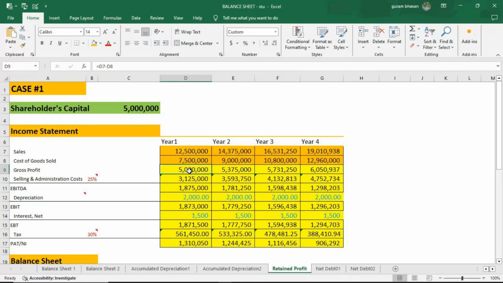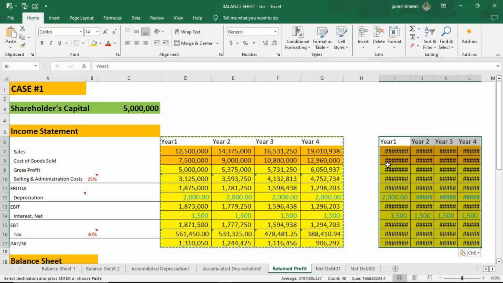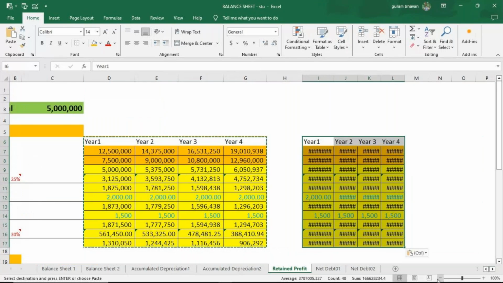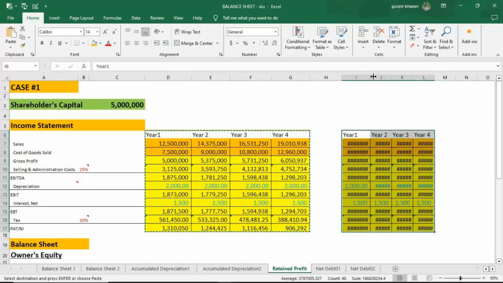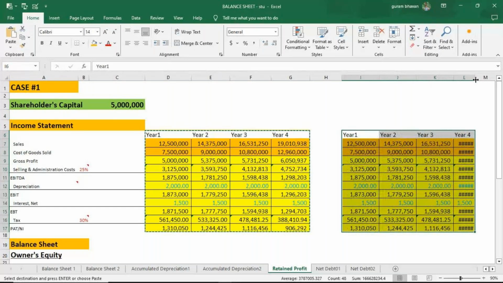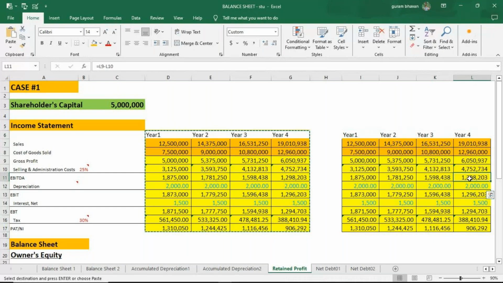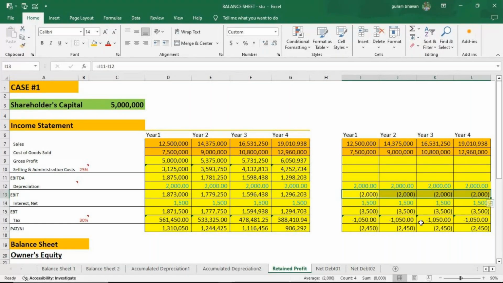Okay. So I'm just going to erase this. Ma'am, can you please show the formula for that selling and administration cost?